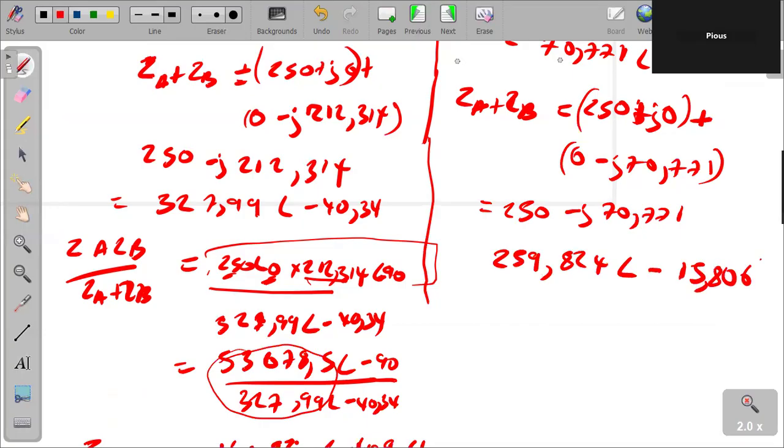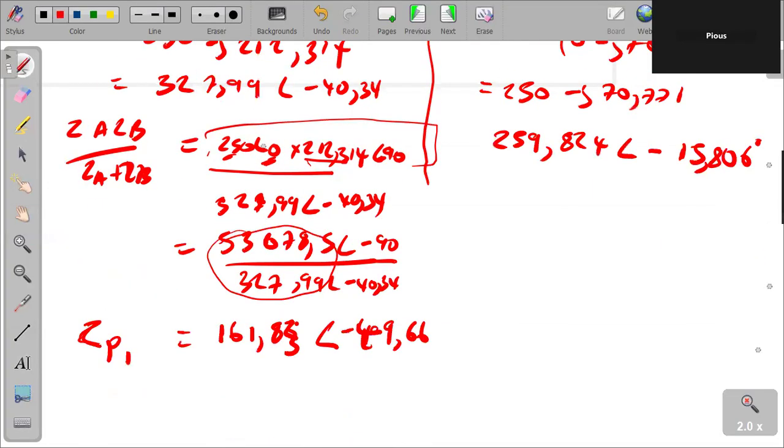That's our ZA plus ZB, which means we are now going to calculate ZA ZB over ZA plus ZB, the product over sum, to calculate ZP3.